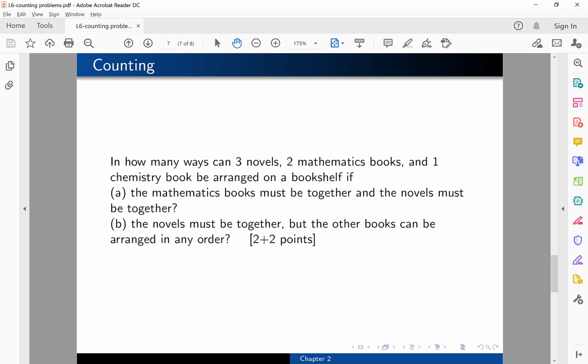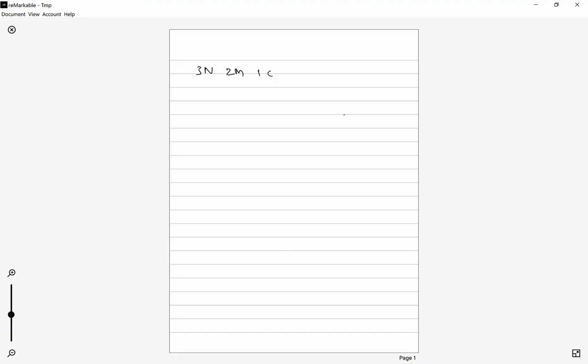The mathematics books and the novels have to be together, okay? So we basically have 3 groups, right? We have a group of novels, a group of mathematics books, and a group of chemistry books. It has just 1 book, but it's still a group.